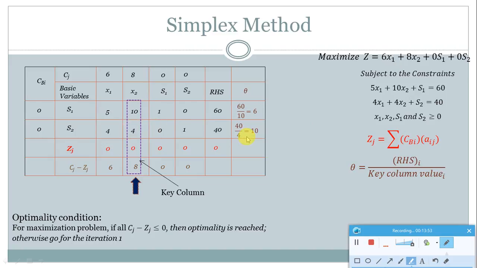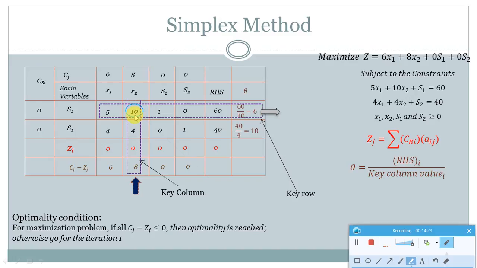Once the values of theta are calculated, the minimum value of theta is selected. This is represented by this arrow. The row corresponding to this minimum value is called the key row. The element which is common between the key column and key row is called the key element.